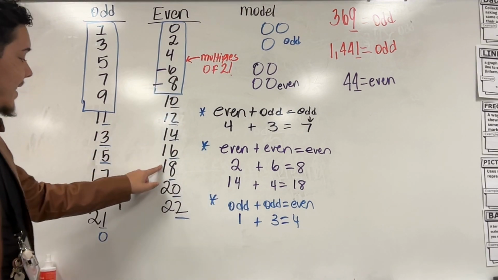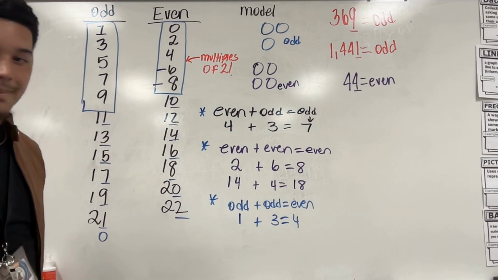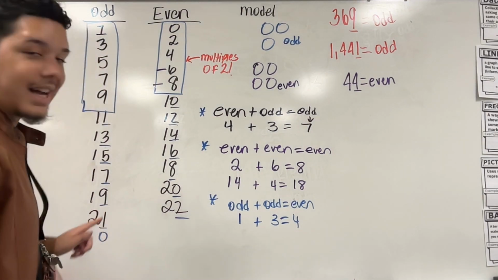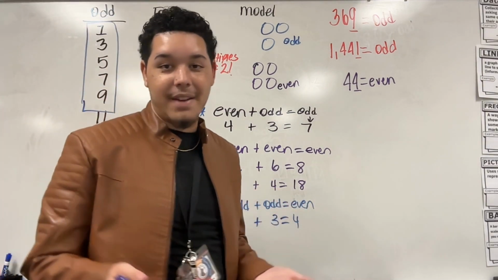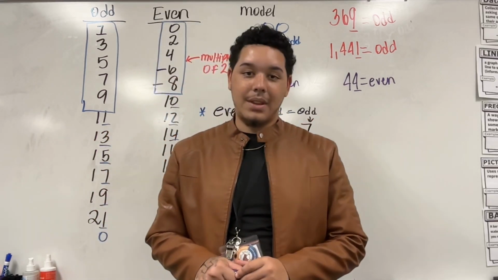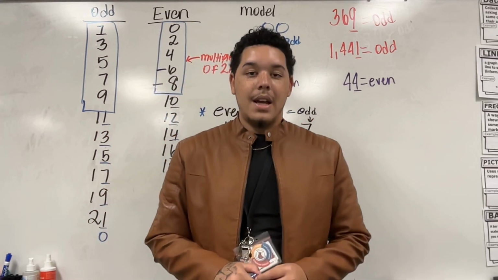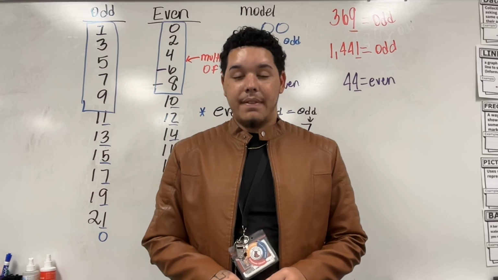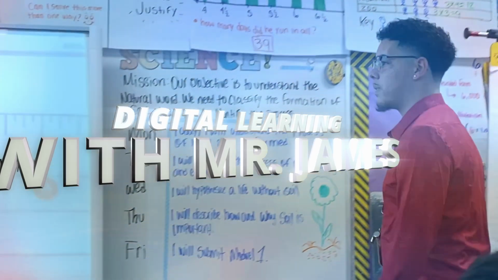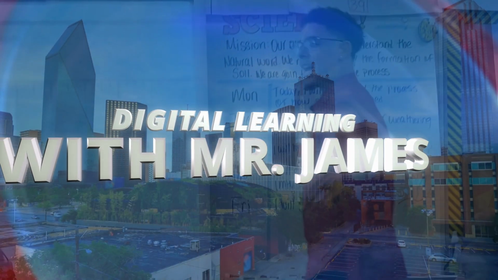Can you divide 18 by 7? No, you cannot. You cannot split 18 up into 7 because you're still going to be left with the odd number, which goes to show that in order for a number to be even, it has to be divisible by 2.